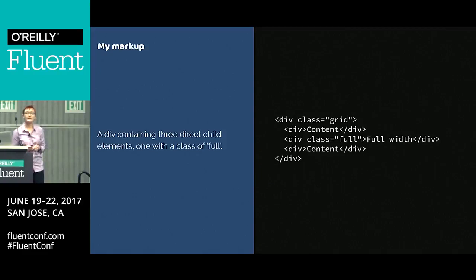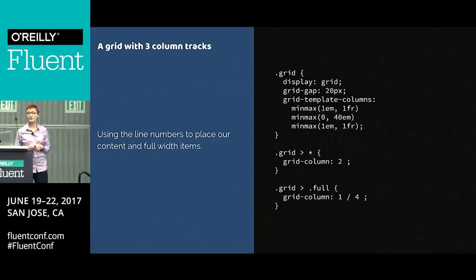So here's my markup. It's a simplified version of what's in that example. So essentially we've got a container, and we've just got 3 items inside, one of which has a class of full. That's going to be our full width item. So we create a grid with 3 column tracks. And I'm then setting all of the direct children to start after grid column line 2, and anything with a class of full will stretch right across the grid.